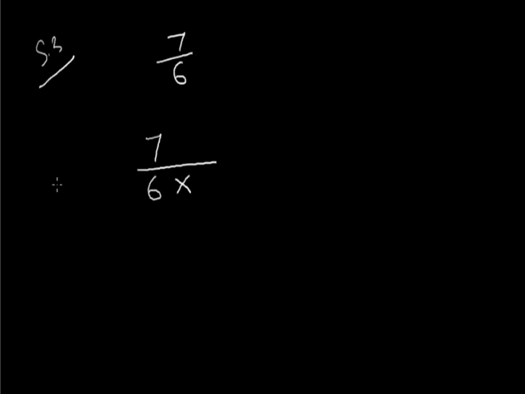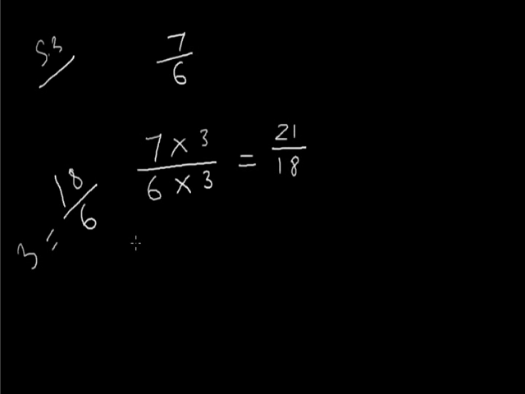Divide the LCM by the denominator of the first fraction, which gives you the number 3. Multiply the numerator and denominator of the first fraction by 3. We obtain 7 upon 6 equals 21 upon 18.